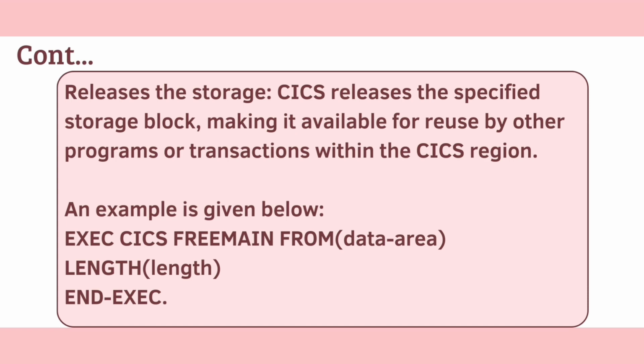By releasing the storage using FREEMAIN, programs can efficiently manage memory resources and avoid memory leaks. It ensures that allocated memory is returned to the system pool and can be reused by other programs or transactions when needed. So here I have given an example. Please have a look.